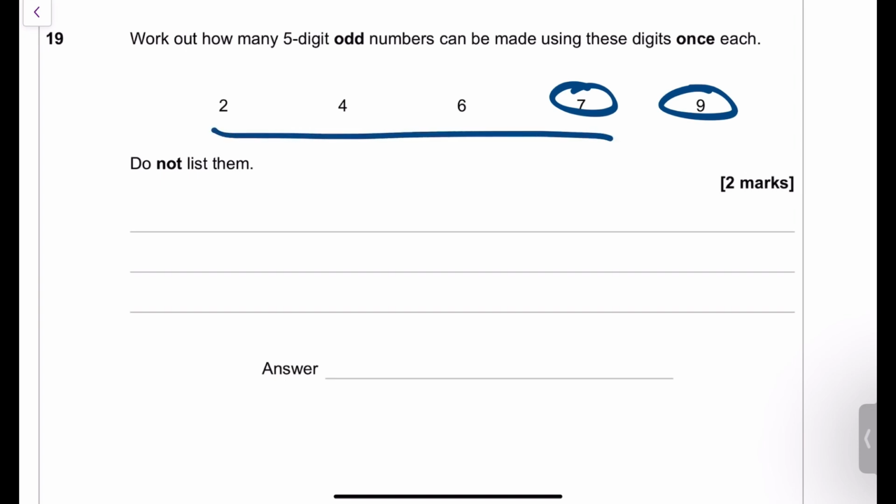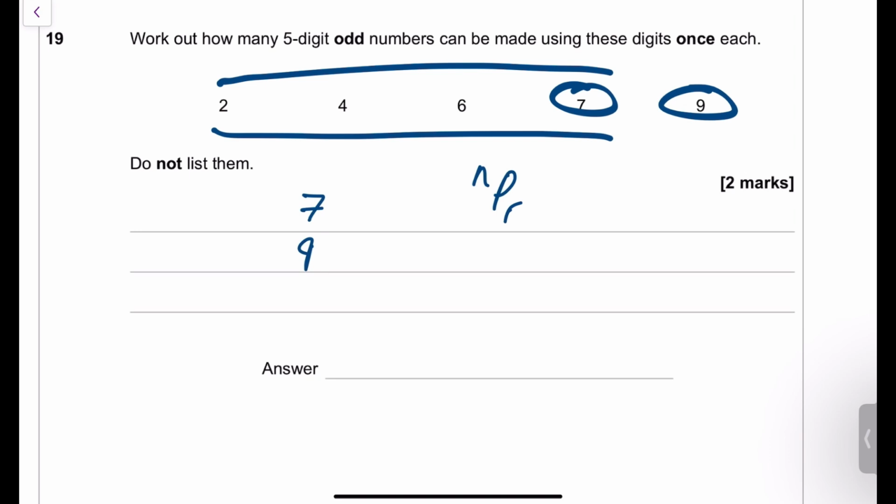This is something I haven't done in a long time, these permutations. So it can end in 7 or it can end in 9. How many ways using 4 digits can you arrange that? Oh dear. I think this is using my nPr button. I'm not too sure on this.